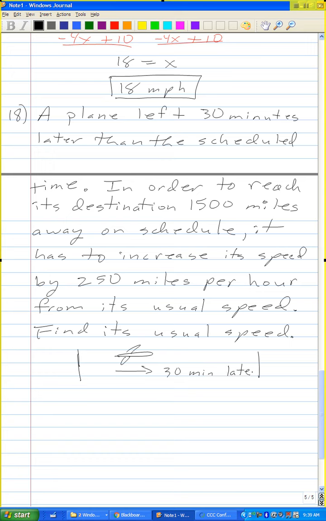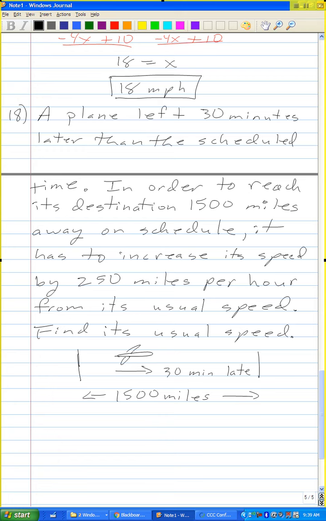And the distance here is 1,500 miles. And it has to increase its speed.